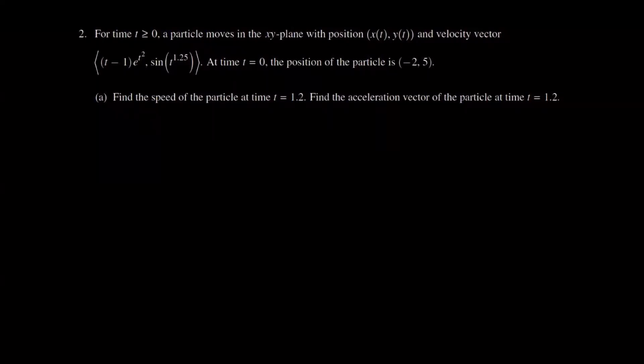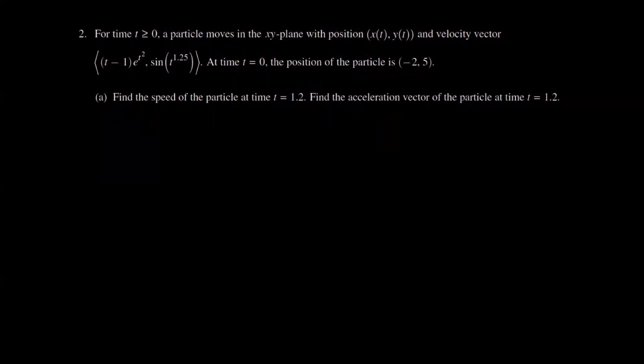We are also given the position of the particle at time t equals 0, which is (-2, 5). The first question is to find the speed of the particle at time t equals 1.2, and find the acceleration vector of the particle also at time t equals 1.2.